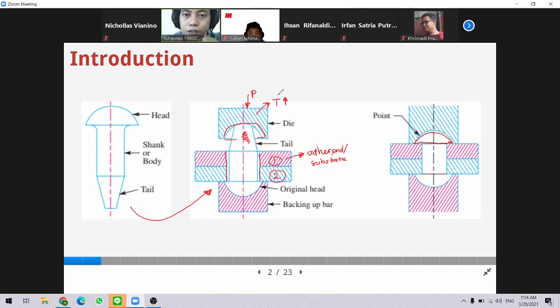If there is no thermal heating, then usually the die is rotating like this, because they want to use the friction between the die and the tail to increase the temperature of the rivet. If the temperature increases, it is easier to form the rivet following the shape of the die.